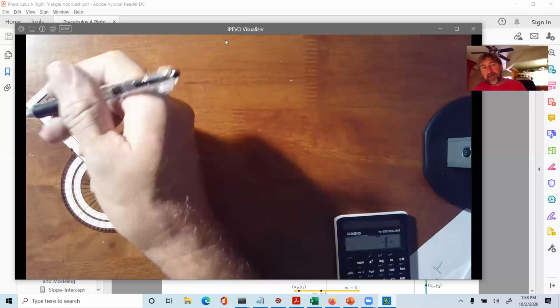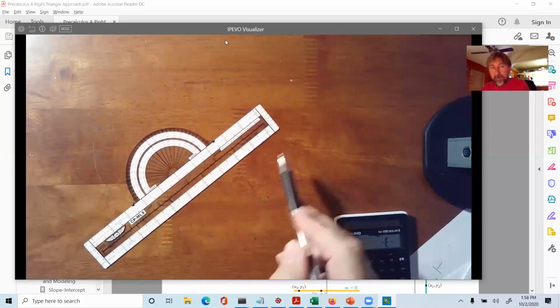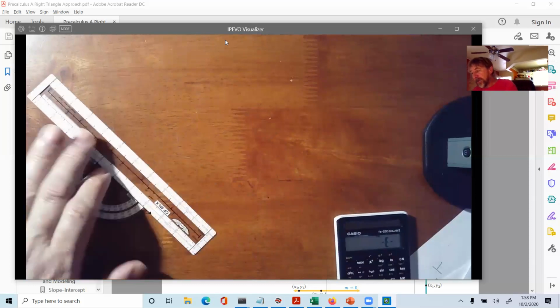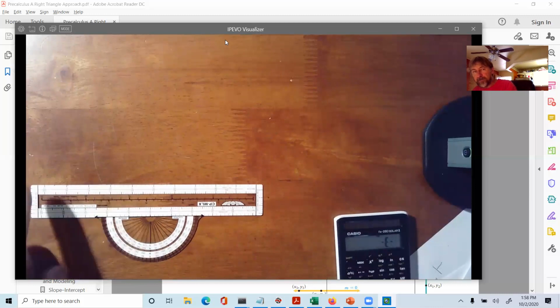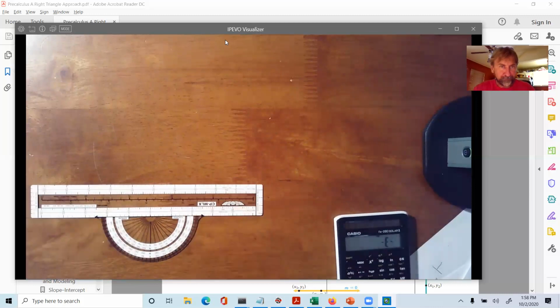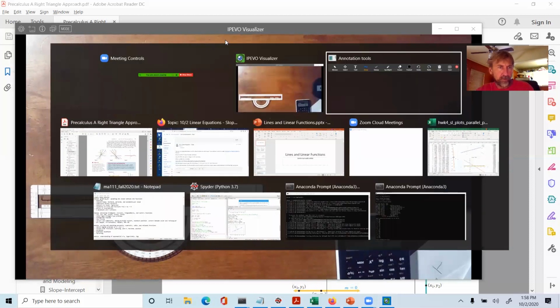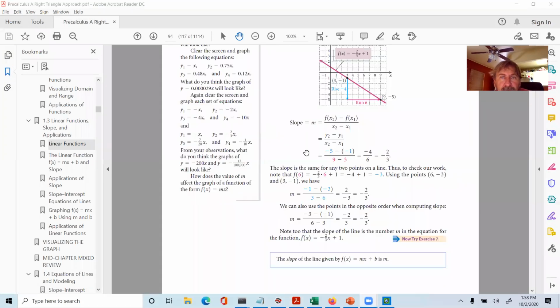Up and to the left is a negative slope. It's sloping downward. This is sloping upward. That's sloping downward. And then the horizontal slope is no slope at all. The y value over here equals the y value over here. Okay. So let's go back to the text.